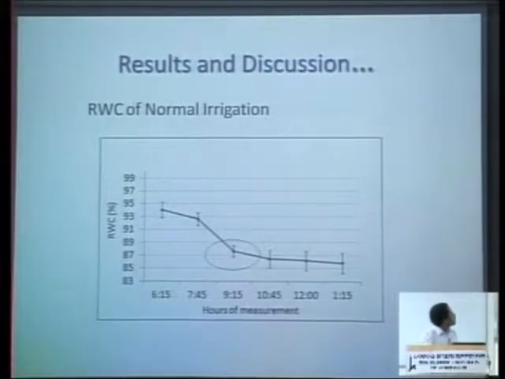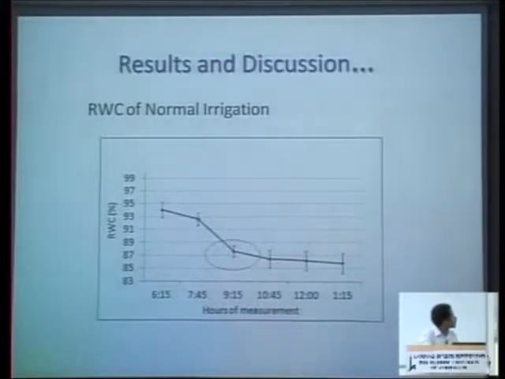When we see the relative water content of the normal irrigation, it starts decreasing in the beginning, then at about before 8 o'clock, you can see here, it changes the trend of the rate of the decrease.